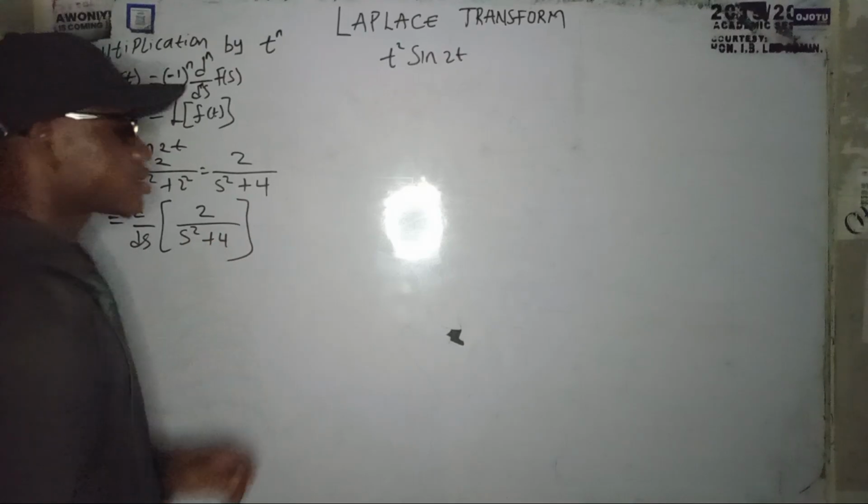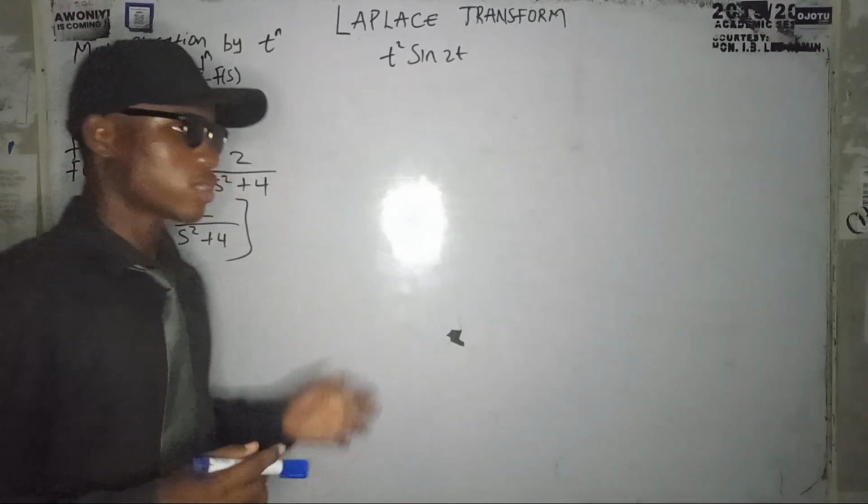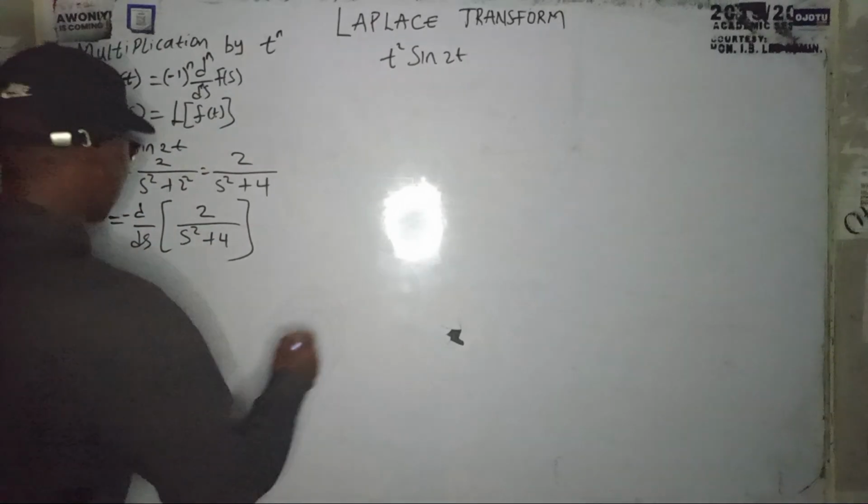If we differentiate this, we can use the chain rule or the quotient rule, but I prefer the chain rule since we don't have anything on top of it. So I'll use the chain rule.